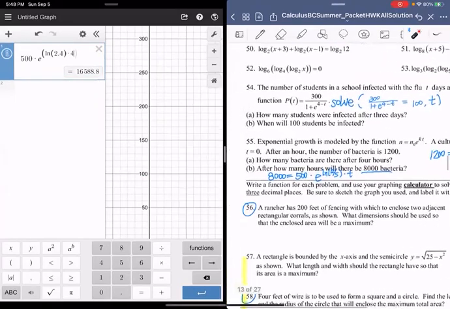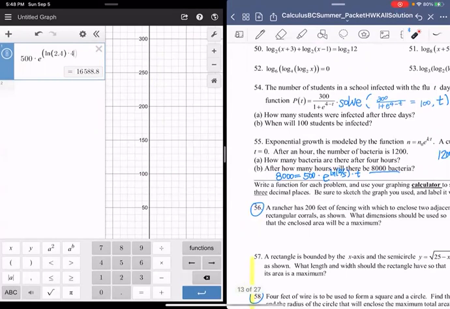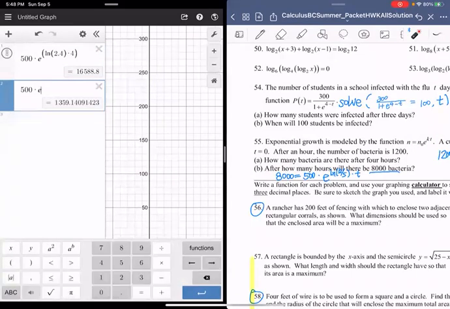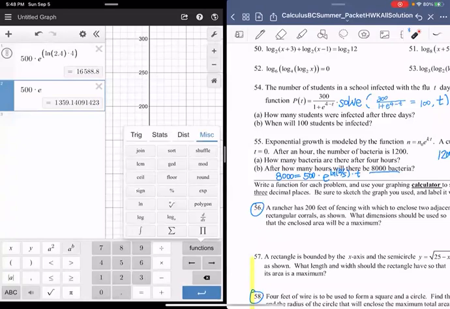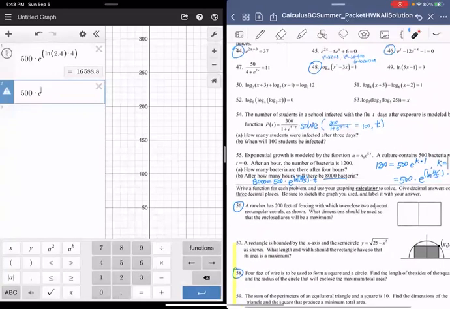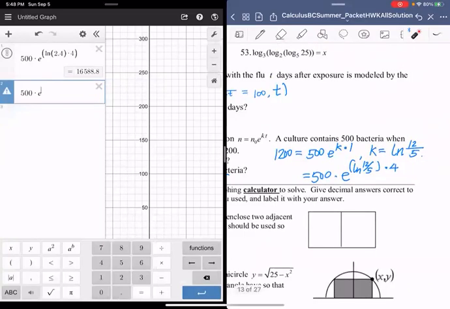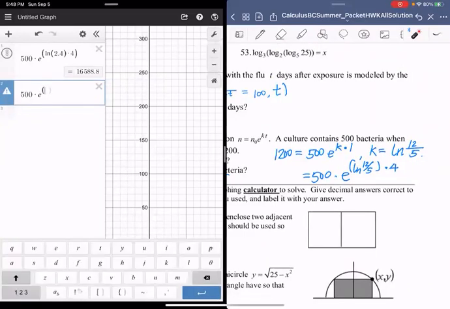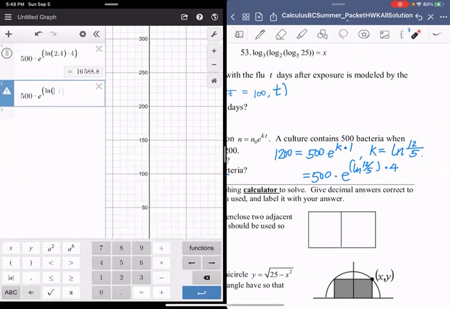And then the next one, we need to solve for when it reaches 8,000, correct? Okay, so what we do is 500 times e to the power of k, where k is ln 12/5, and then times x.